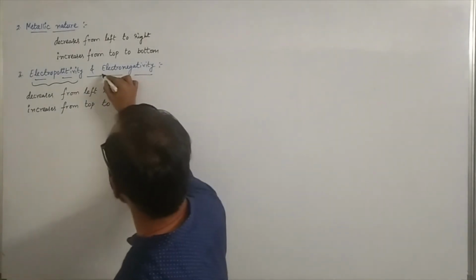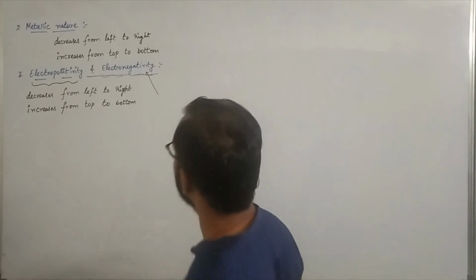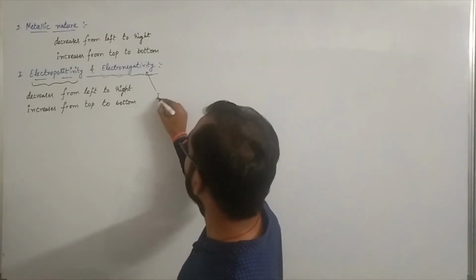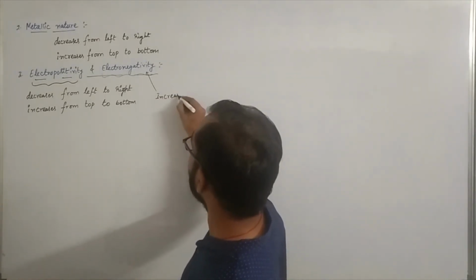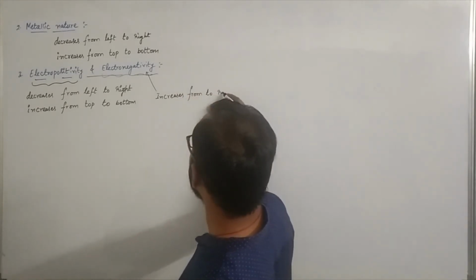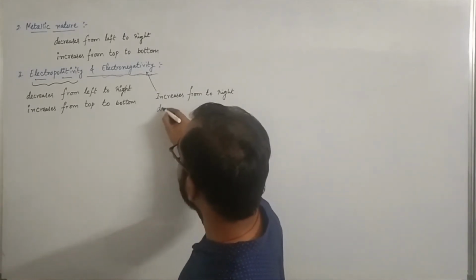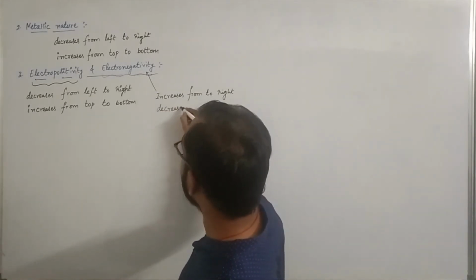Regarding electronegativity, it increases from left to right and decreases from top to bottom.